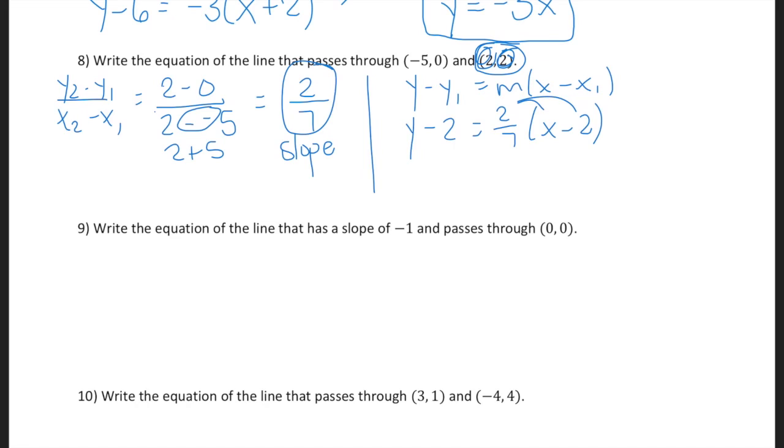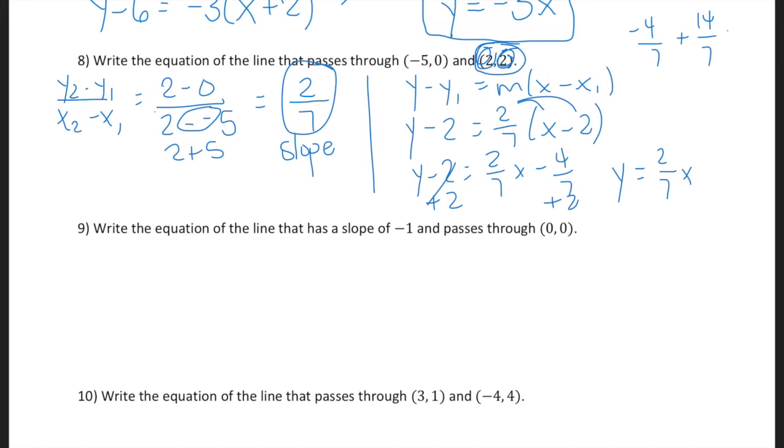Simplify first by distributive property. Add 2 on both sides. Let's see, -4/7. Again, I'm going to do mental math. Plus 2. 2 would be 14/7. That would give me 10/7.